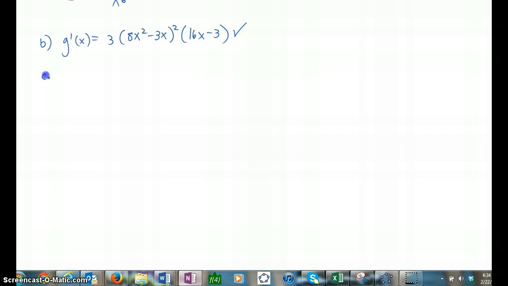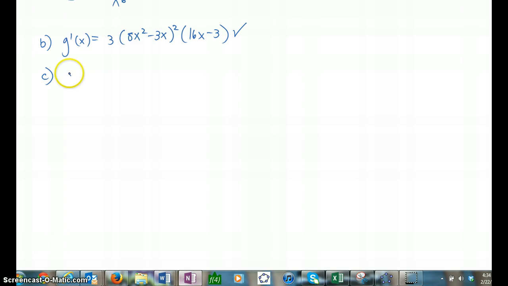Similarly, letter C, the answer in the back of the book is a very simplified one, and the author used some algebraic skills to get there. If you can't figure out how to get from your answer to their answer, that's okay. We can work on algebra skills more next unit, but there are ways to figure out if your answer is right.